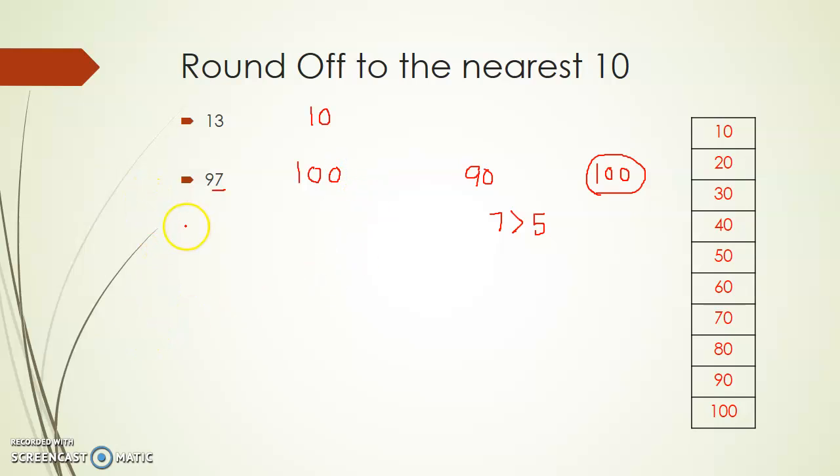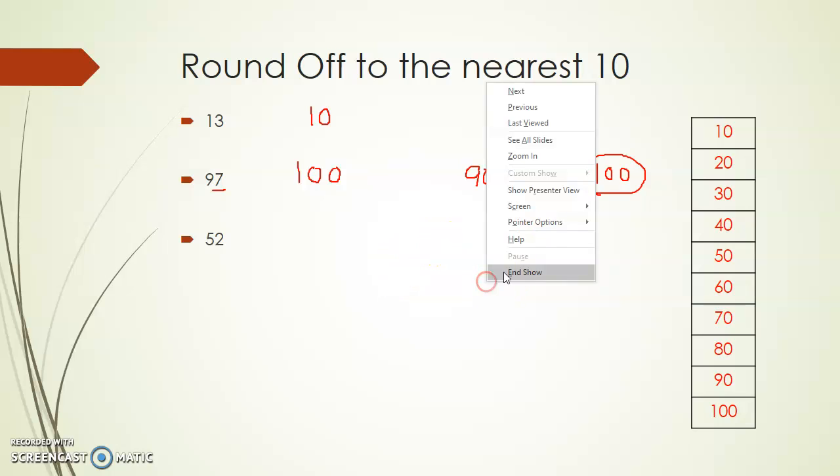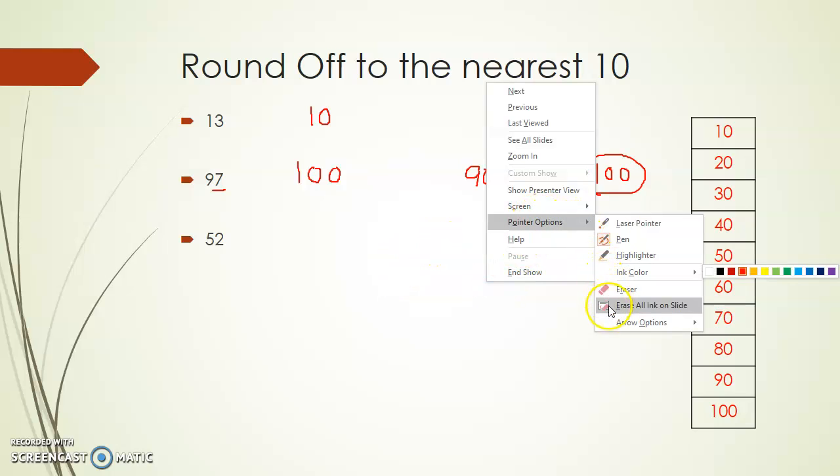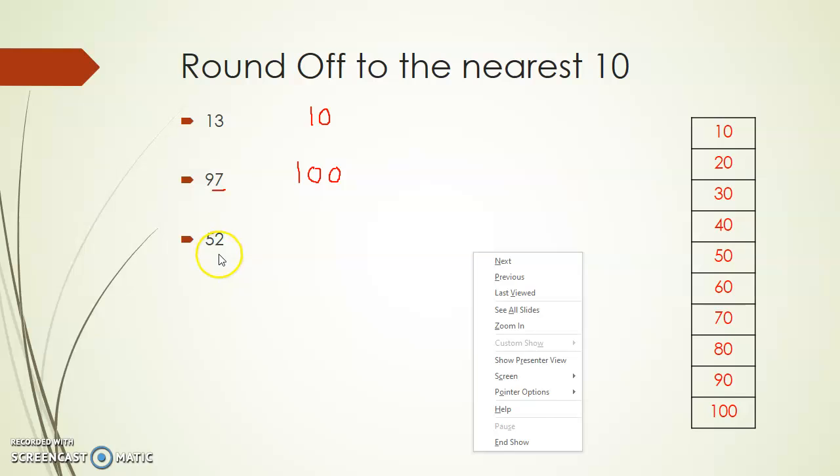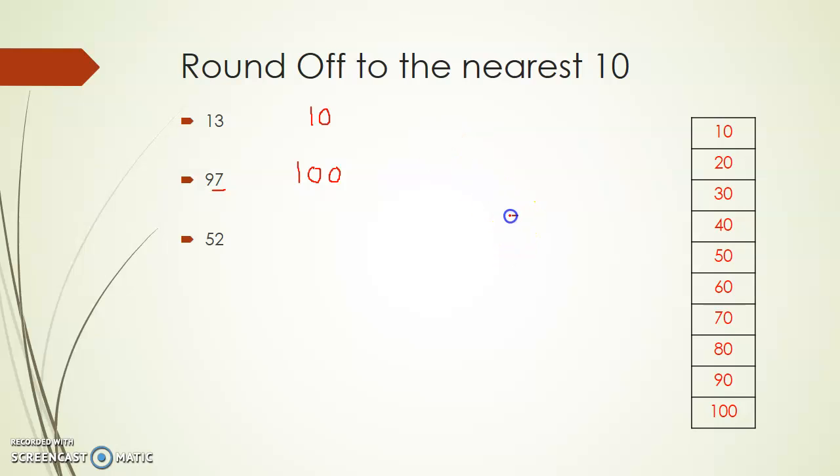Now let us consider another example, 54. Sorry, it's not 54, it is 52. 52 comes between 50 and 60.